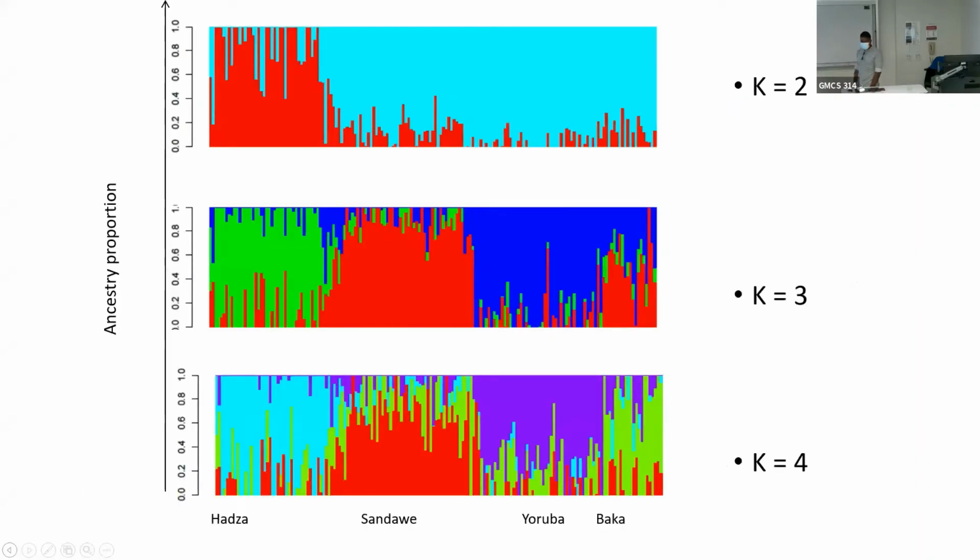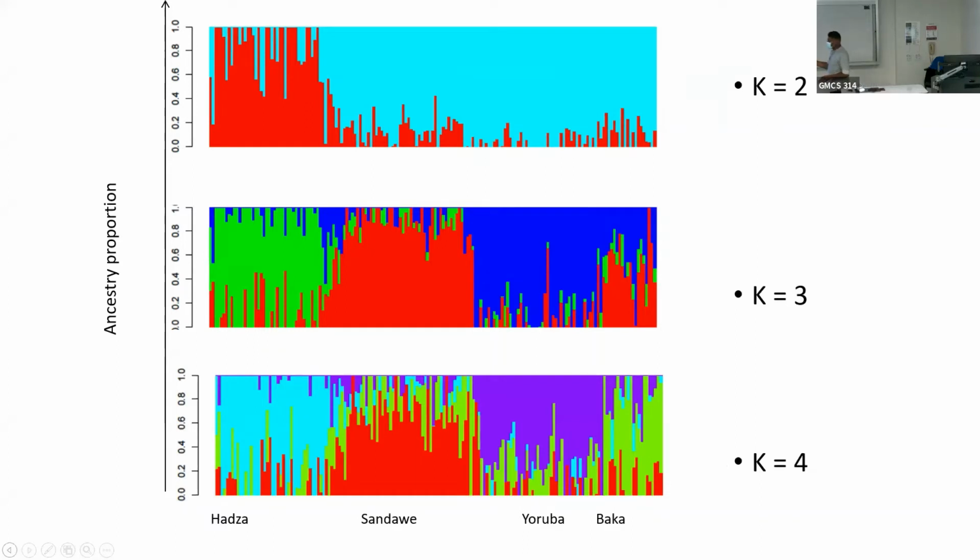Cool. So here's what we found across these populations. If I assume that there are 2 populations, the y-axis here is ancestry proportion, the proportion of that individual's genome that comes from either, in this case, a blue or a red population. Again, nothing to do with biology here, everything to do with statistics. This is just a statistical classification.